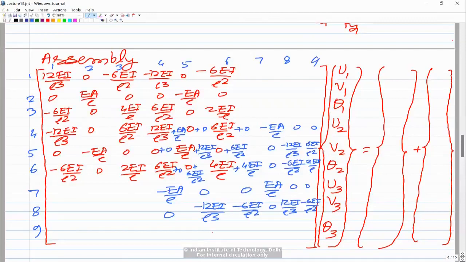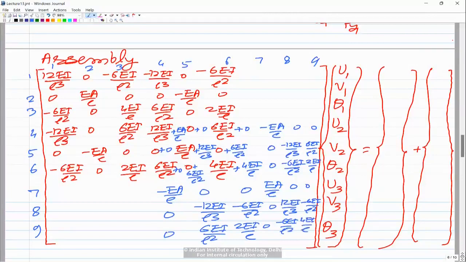And then the last will be 0, 6EI by L square, 2EI by L, 0, minus 6EI by L square, and 4EI by L.